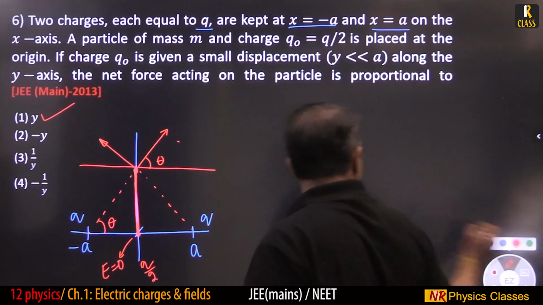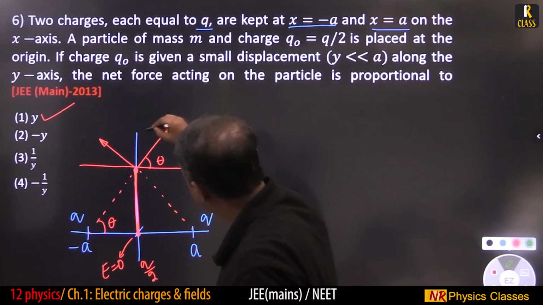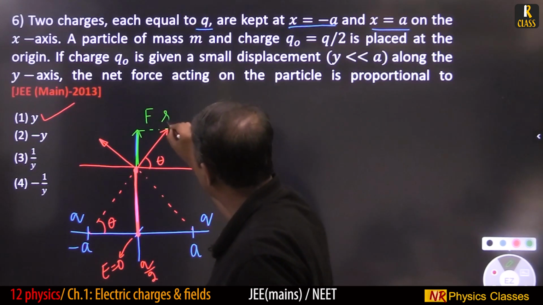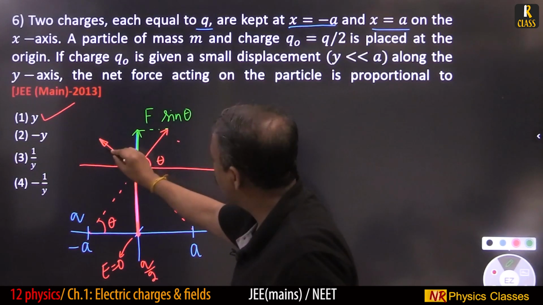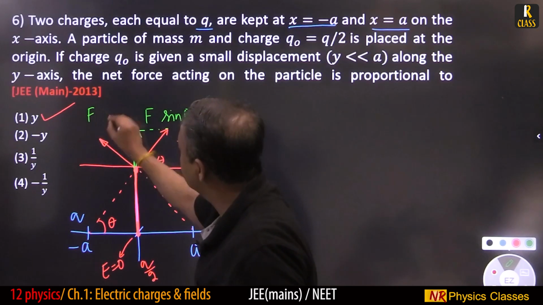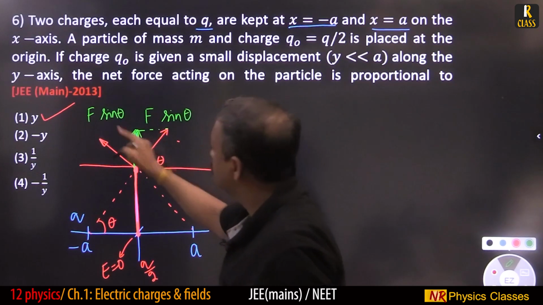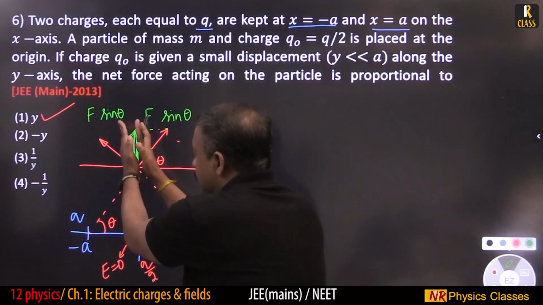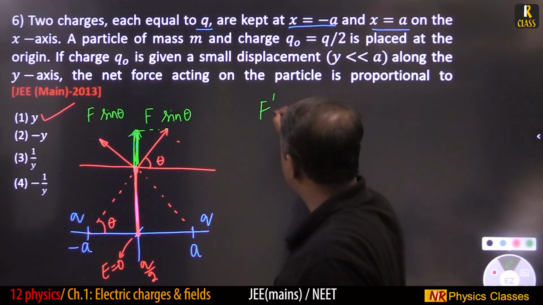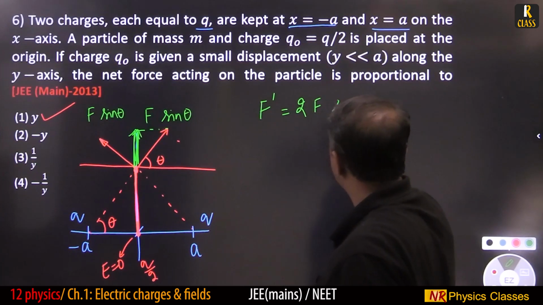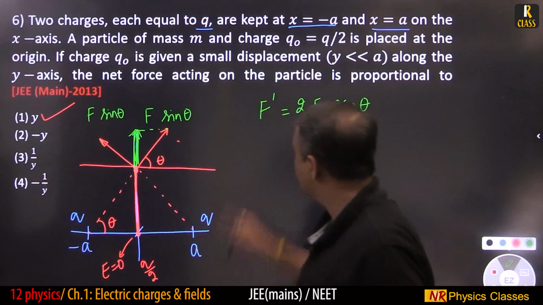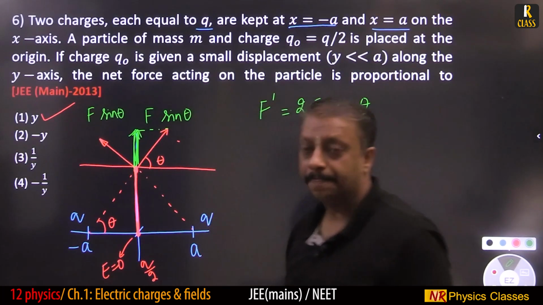Then the vertical component of this force, that is this component, is F sin theta. So the resultant of these two F sin theta is the final force. So F dash equal to 2F sin theta. F is the force between these two. F dash is the resultant force.